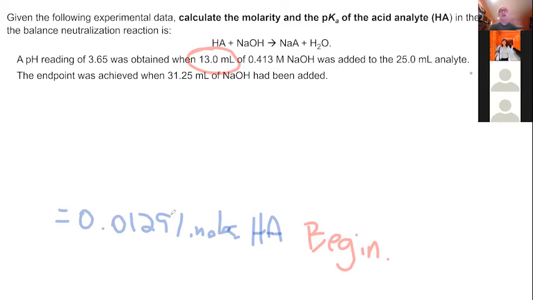So think of it this way. After you've added hydroxide, what happens to the number of moles of HA, your weak acid? Increases. Look at our balanced equation.